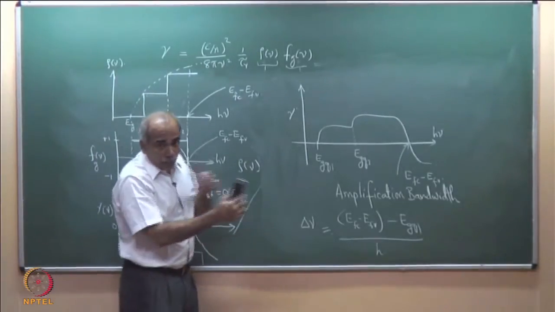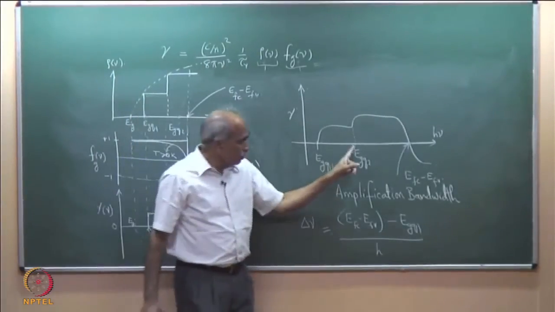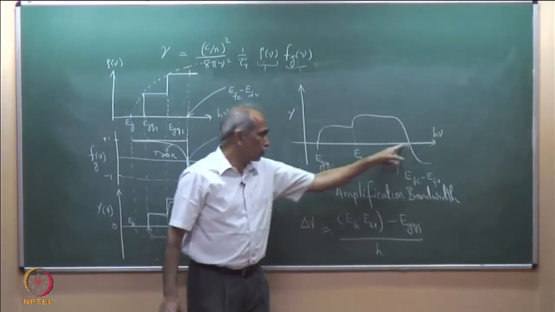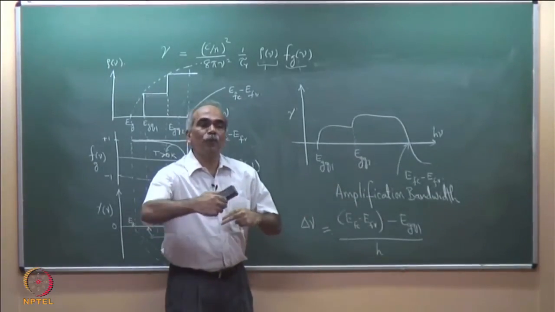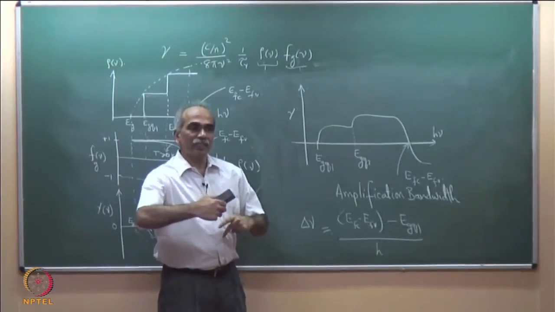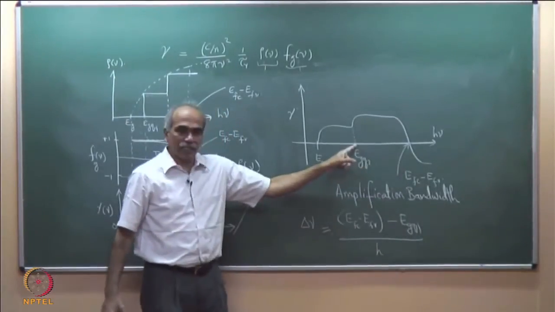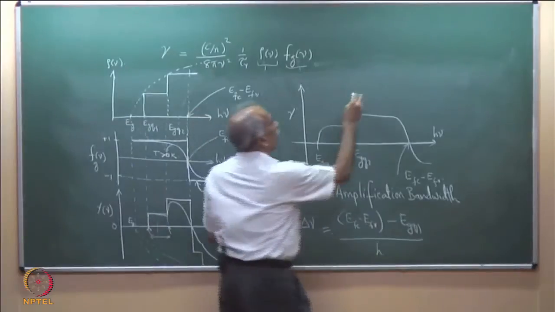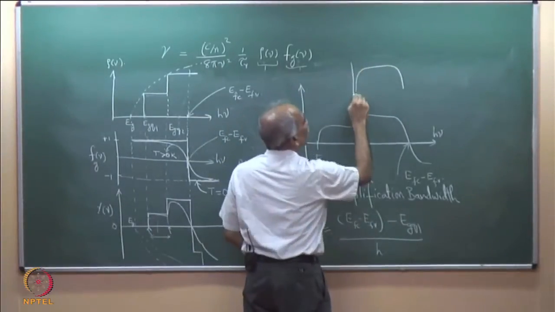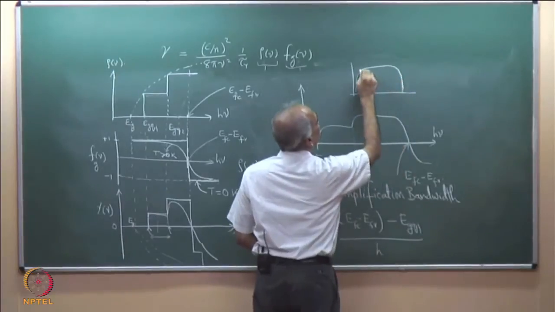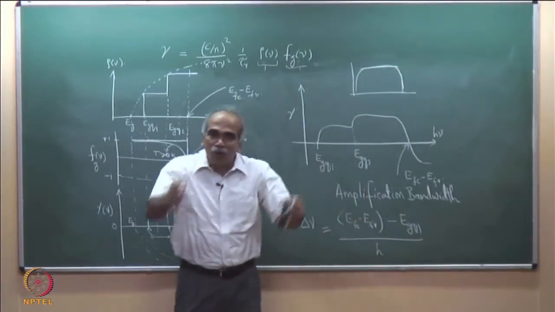If you design properly, it is possible to get this crossover right here at EgQ2, because I need to pump only that much, so that the separation between EFC and EFV is here, and you will have a nice amplifier like this, almost flat. It is almost like a box type.